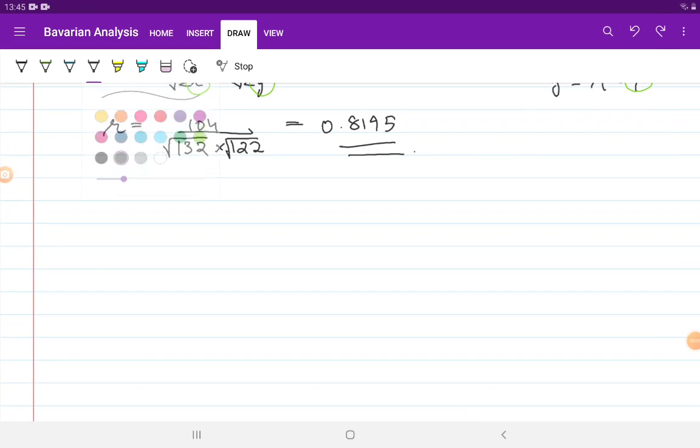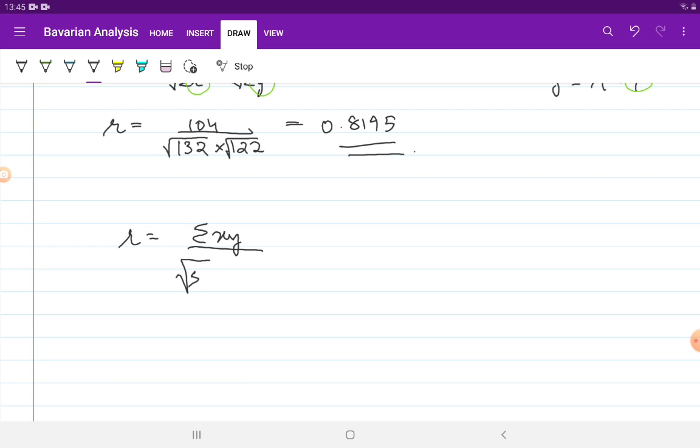Now, remember this formula of r, which we wrote as summation small xy divided by root under summation small x square and summation small y square, can be written in various different forms by doing a bit of algebraic manipulation.